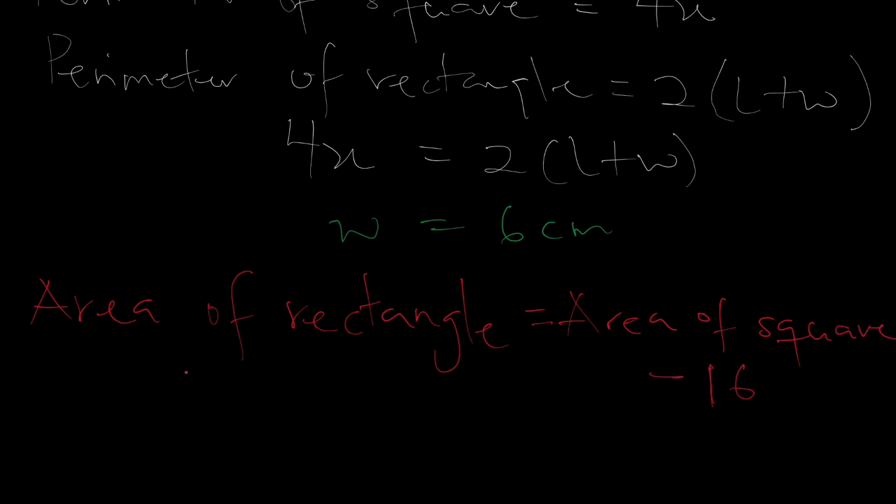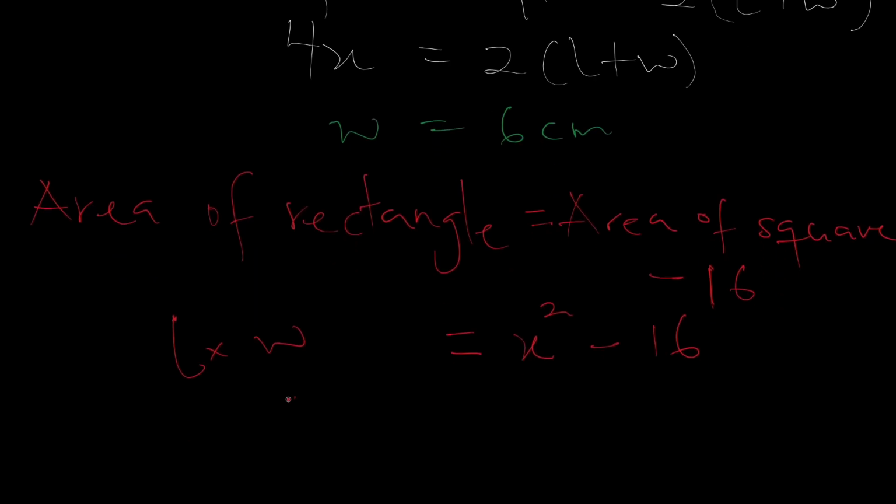And we know that the area of a rectangle is length times width, and the area of a square is x squared. So we can rewrite this expression as this. But we know the width is 6. So our 6L is equal to x squared minus 16. So this is equation 1.